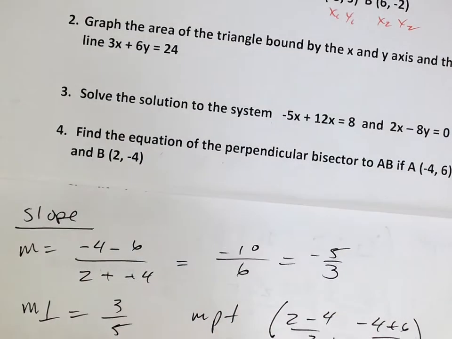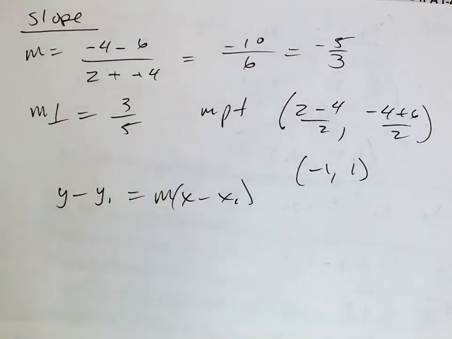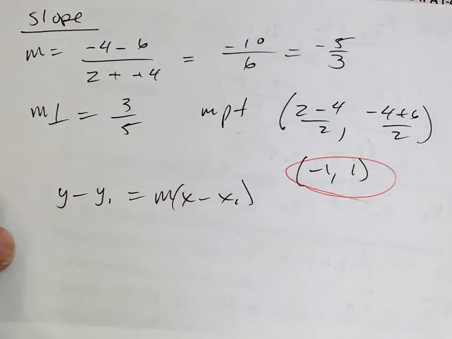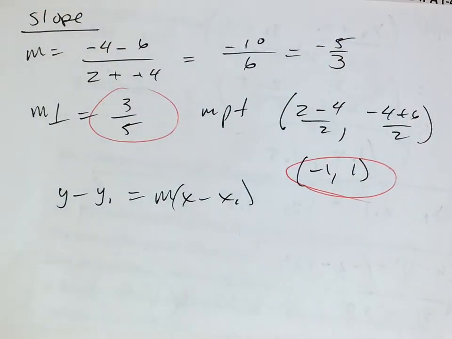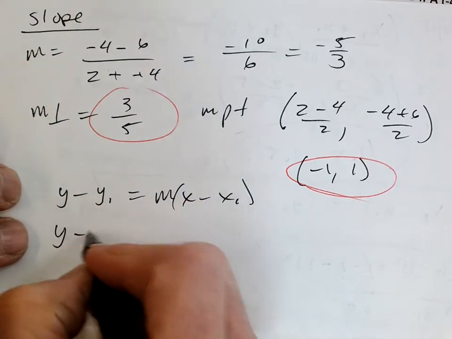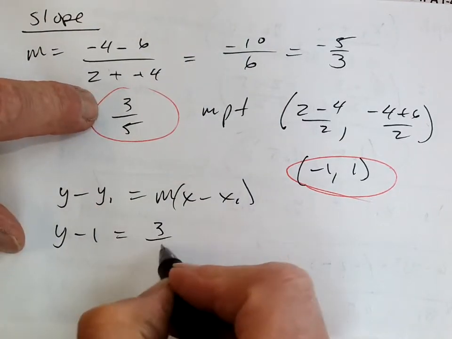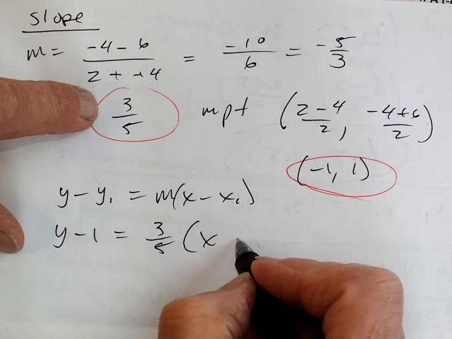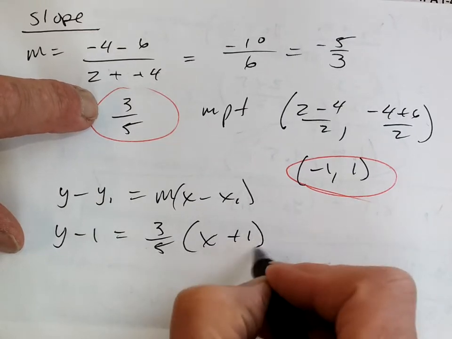Now, y minus y1 equals m times x minus x1. I'm going to use the point slope formula and plug in my midpoint and my slope. So y minus 1 equals 3/5 times x minus negative 1.